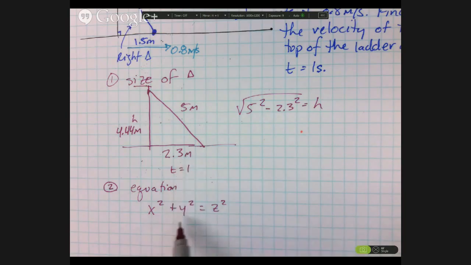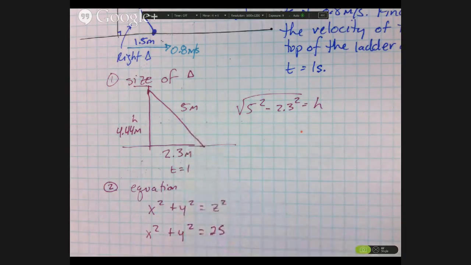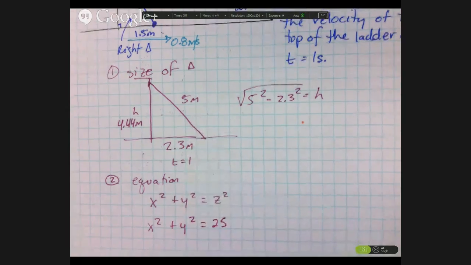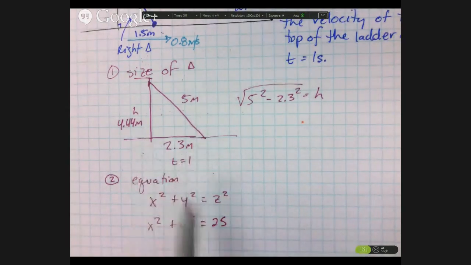Yeah. Is the value of y changing? Is the value of z changing? No, the value of z is not changing. So we're going to plug 5 in right now. Z is the hypotenuse. Then what is changing? X and Y are changing. Yes, the distances are moving, right? They're changing.